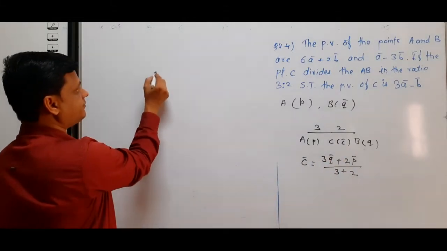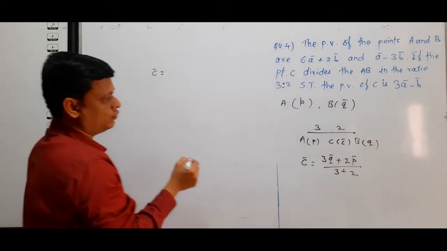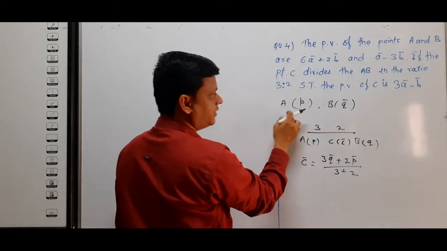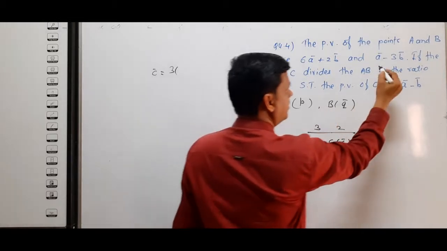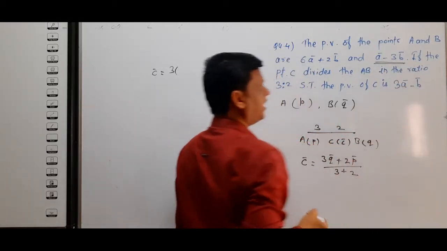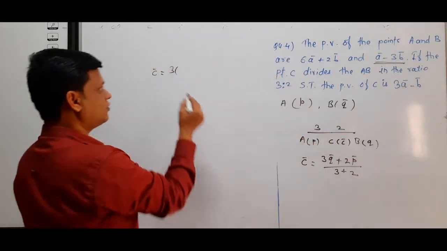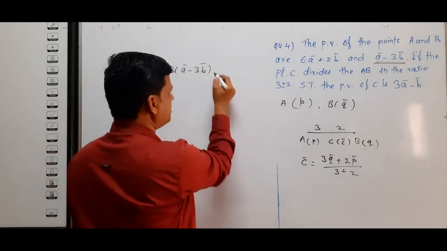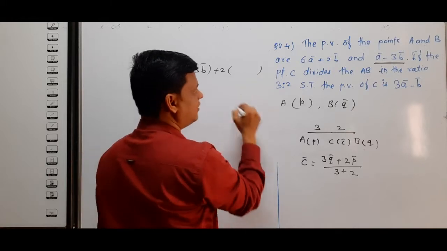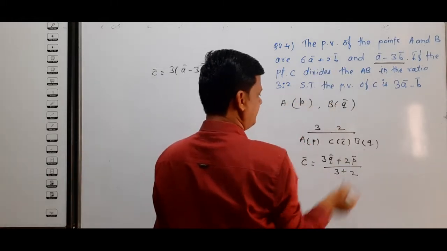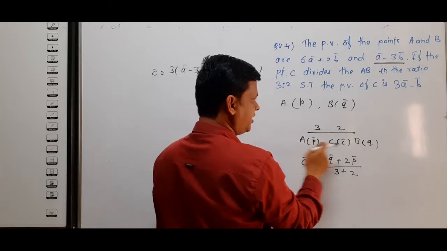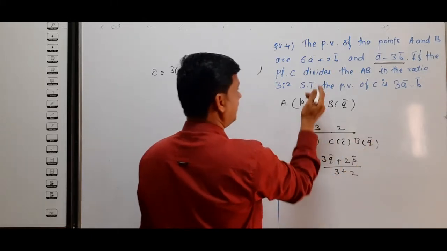We write here c bar equals 3 into q bar. The value of vector q, that is the position vector of B, is given as a bar minus 3b bar. So we write here a bar minus 3b bar plus 2 into p bar, the position vector of A, which we consider as p bar.